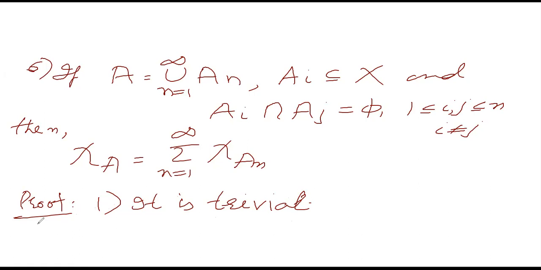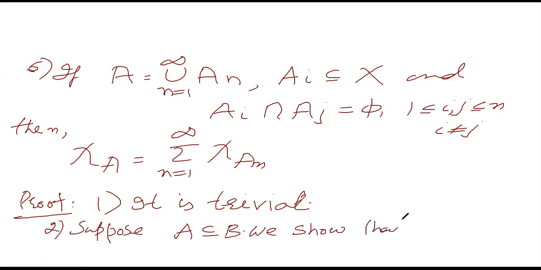Now the second property. Suppose A is a subset of B. We show that chi A is less or equal to chi of B. I will discuss certain cases here to prove this part.